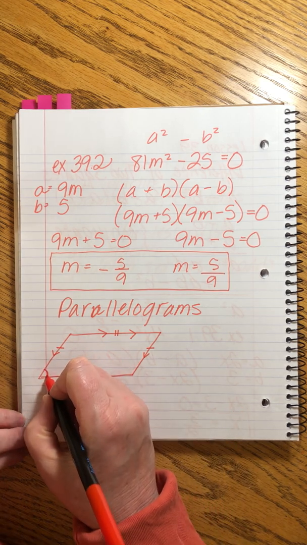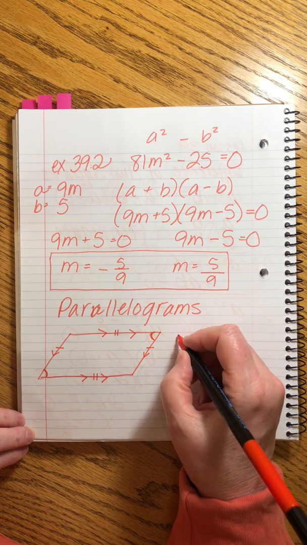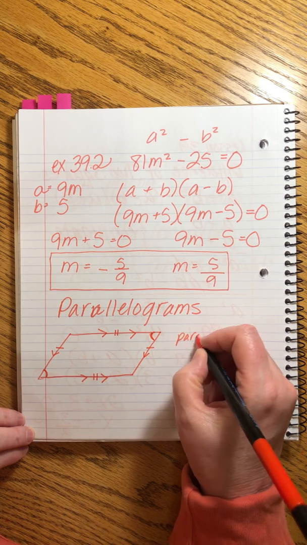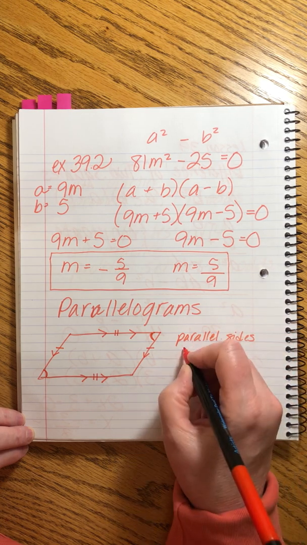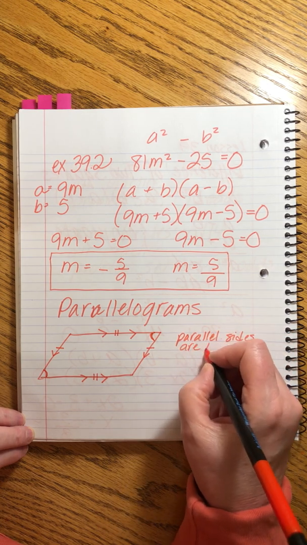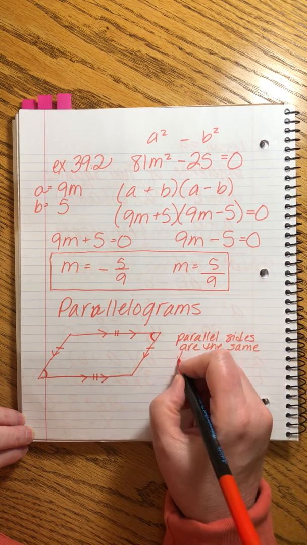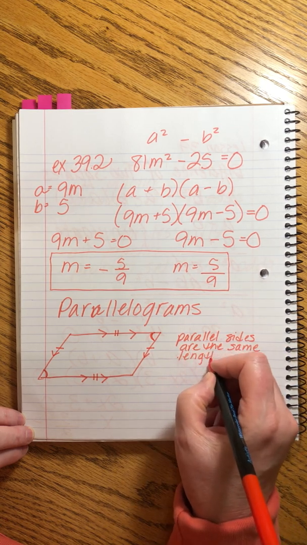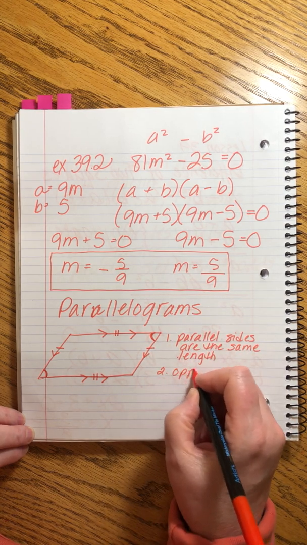The angles opposite each other, just a second, I'm going to write these as words. Parallel sides are the same length. That's my first rule. My second rule is that opposite angles are equal.